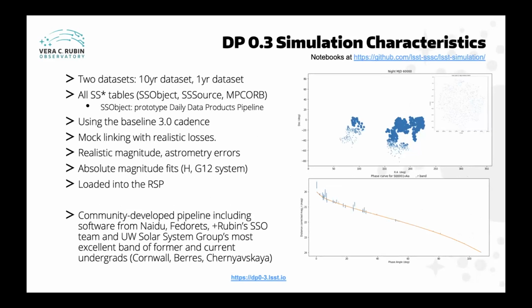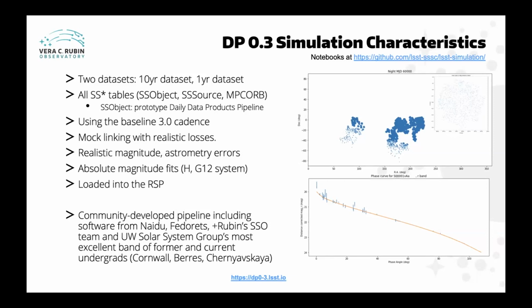What is in the data set? We have two data sets, actually, not one. We have a 10-year data set and a 1-year data set. The 10-year data set are all the asteroids and discoveries we expect after 10 years. So this is what you might expect at the end of the survey.